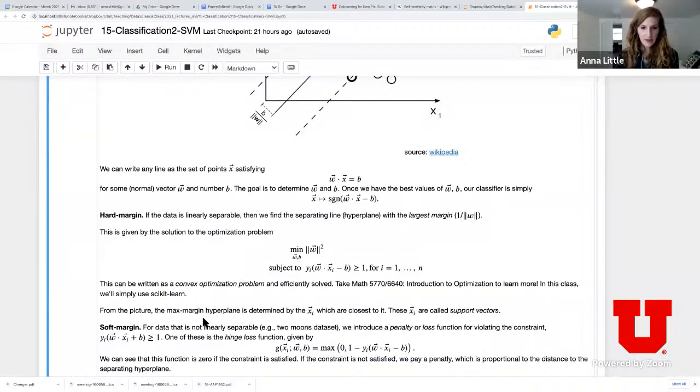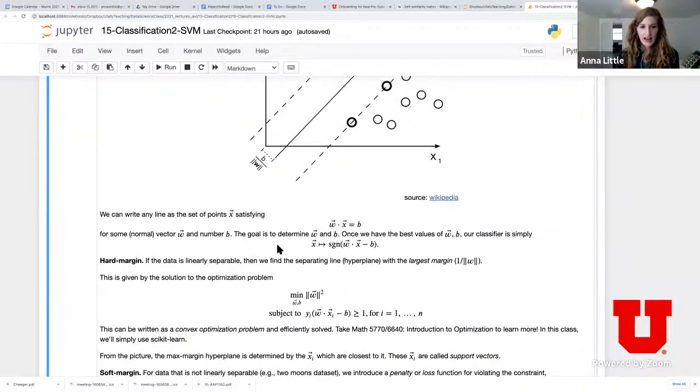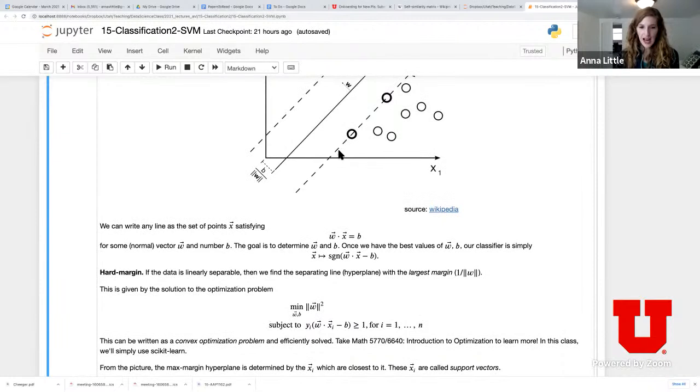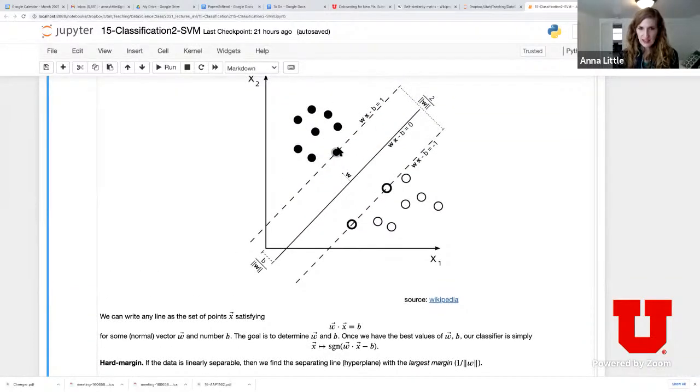Okay, so from the picture, you can see that this max margin hyperplane is determined by the points that are closest to the separating line. So this is this point right here. You see how this black point is the closest one to the separating line.